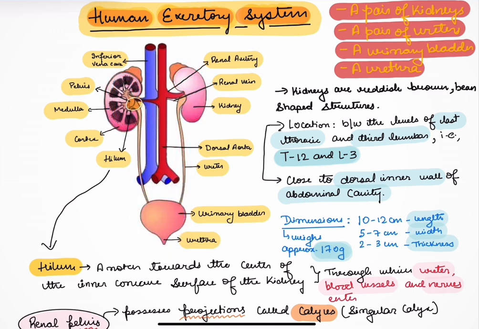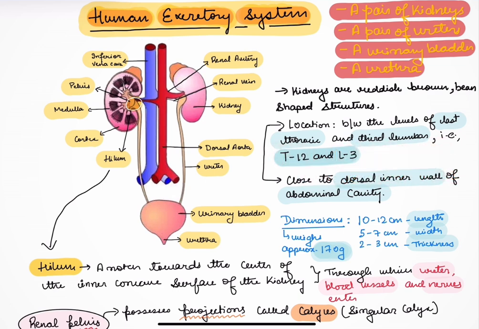Before we get into the details, first let's get some basics clear. So kidneys are reddish brown bean-shaped structures as we can see in the diagram, and they are located between the levels of the last thoracic and the third lumbar vertebrae, that is the T12 and the L3 discs of the vertebral column.